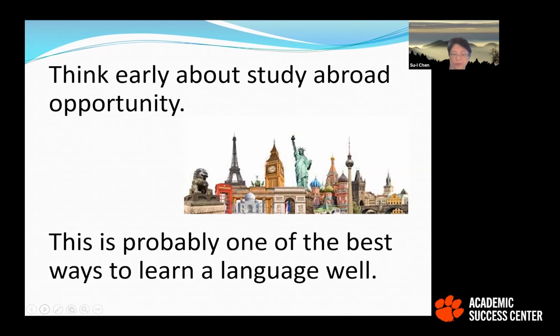But if you want to make the best out of the study abroad experience, you should be prepared. For example, if you go to study abroad when you just start a language, that's great, but you just see the general idea of how people use the language and how people live their life in that society.